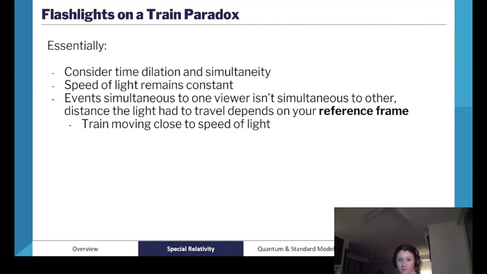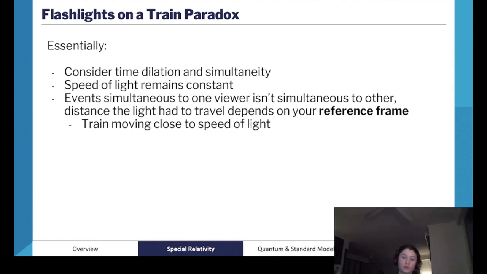Alright. So, essentially, consider time dilation and simultaneity. The speed of light remains constant, but the events simultaneous to one viewer aren't simultaneous to another. The distance the light had to travel depends on your reference frame.